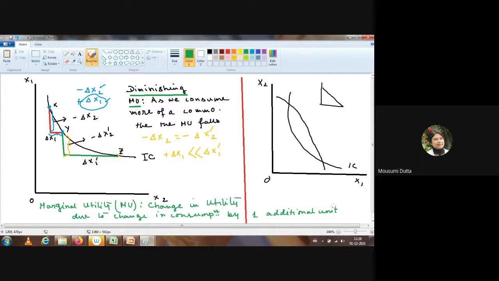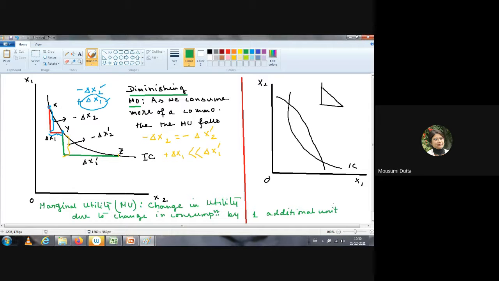So what happens in a consumption basket if I continuously increase the consumption of one commodity, reducing the other? In that case, the additional utility we are getting out of consumption of x1 will continuously fall. Suppose I have two commodities in my basket, x1 and x2, or say orange and apple.